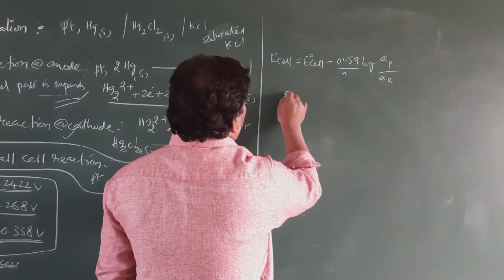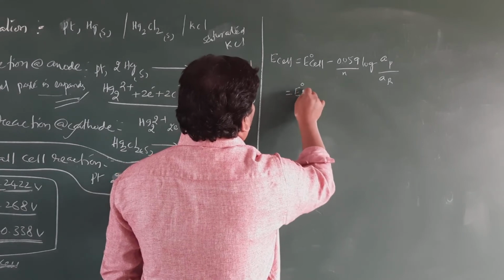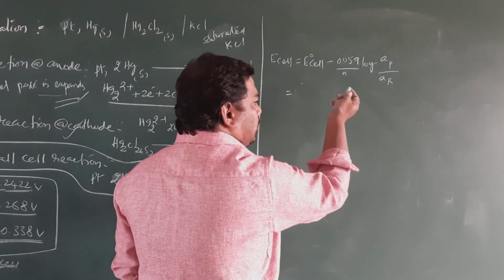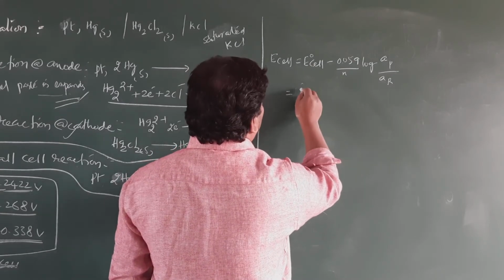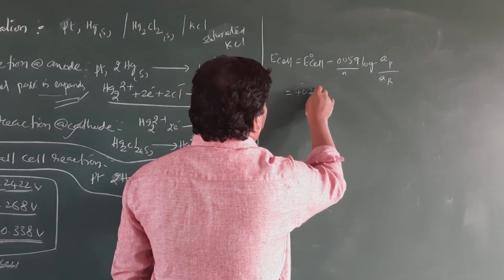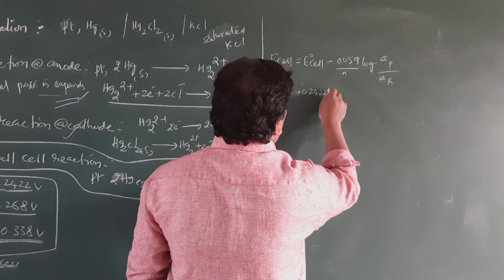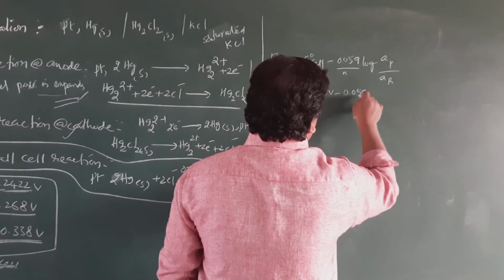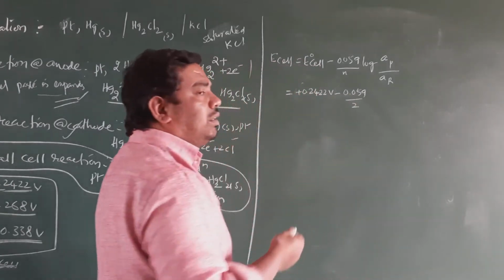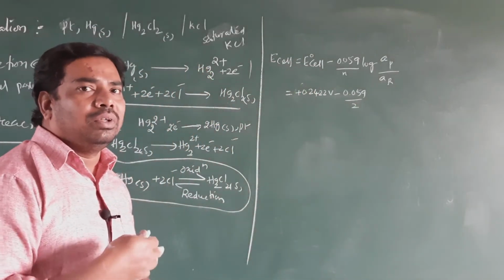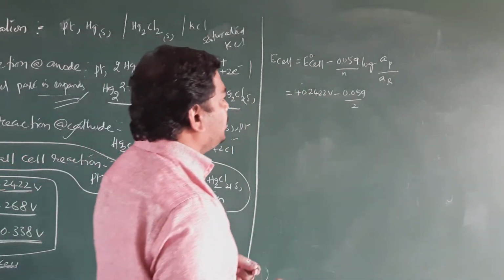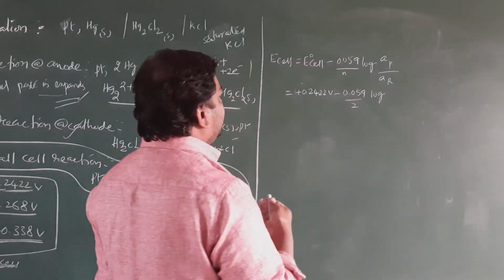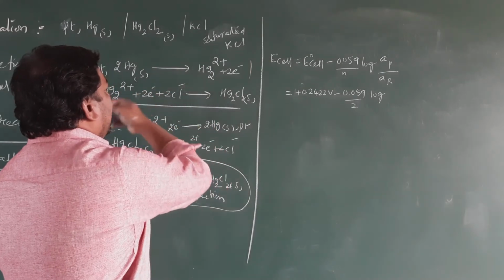Clear? So E naught cell is 0.2422 volt, there is no issue. So plus 0.2422 volts minus 0.059 by 2, where 2 is the number of electrons transferred, into log of activity of products divided by activity of reactants.